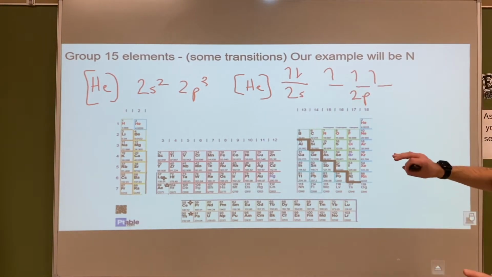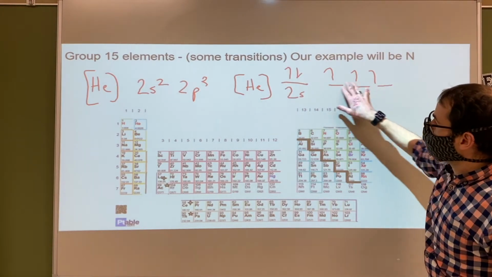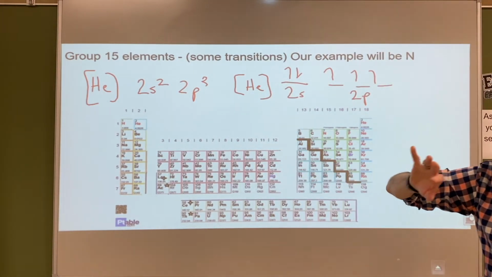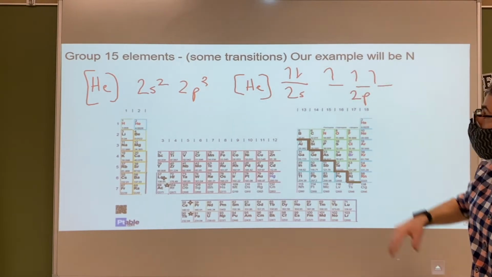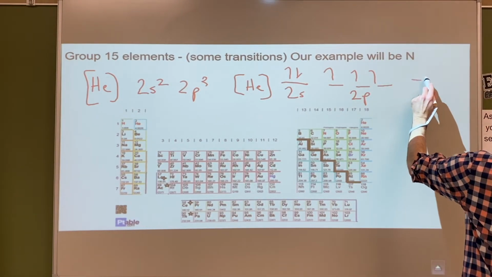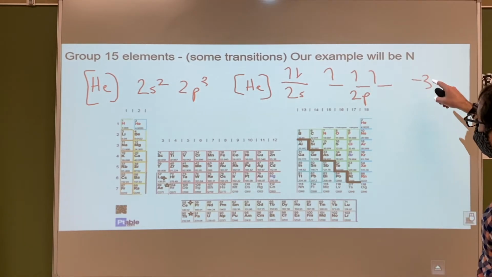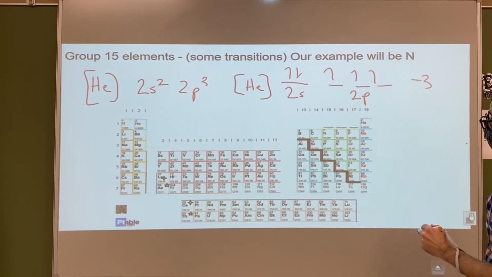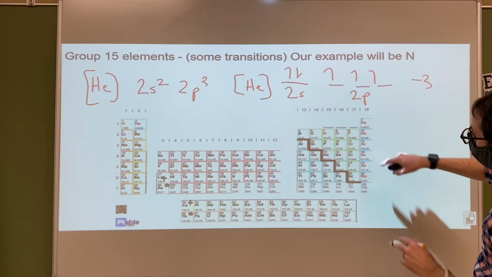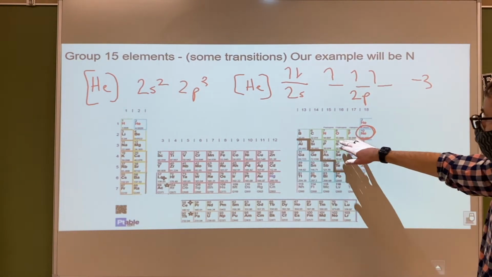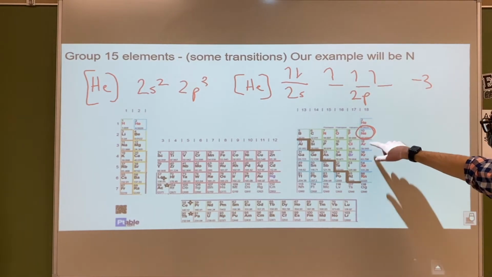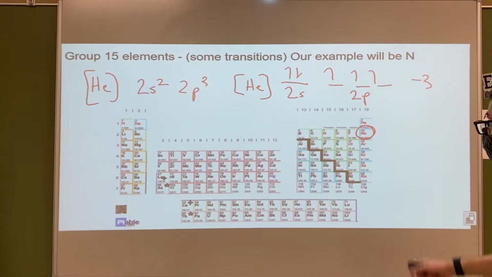Okay, so as I said before, there's 5 electrons in its valence shell. So if there's 5, it only needs 1, 2, 3 more. So nitrogen is going to become -3. And the reason it's going to become -3 is because then it'll be isoelectronic to neon. All right. So once nitrogen becomes -3, it'll be isoelectronic to neon.